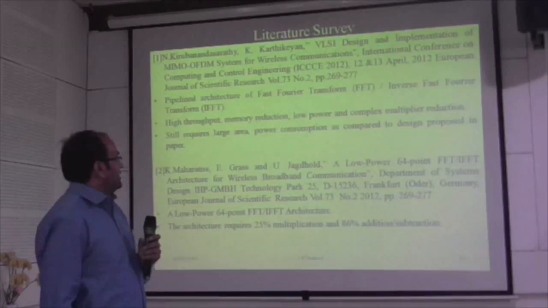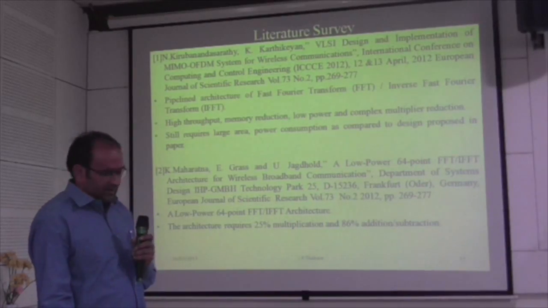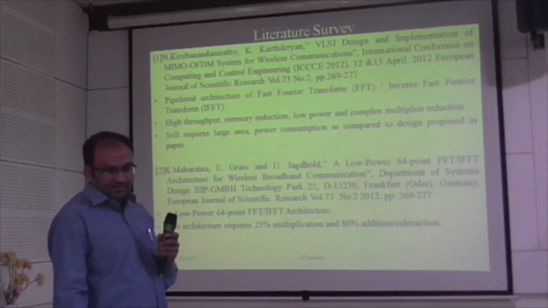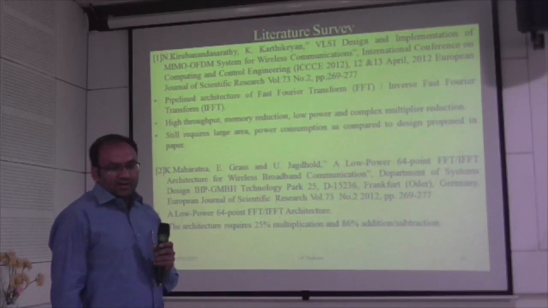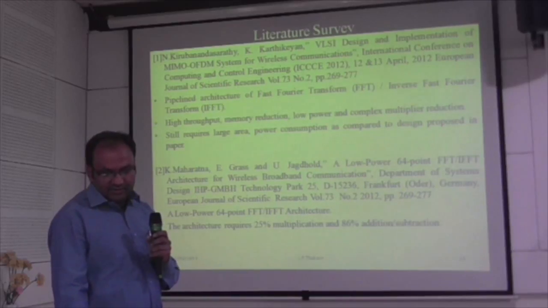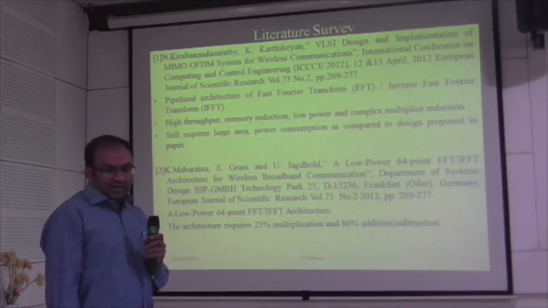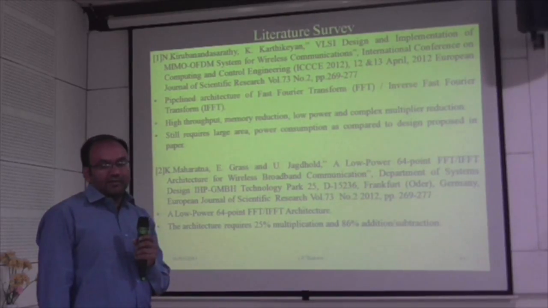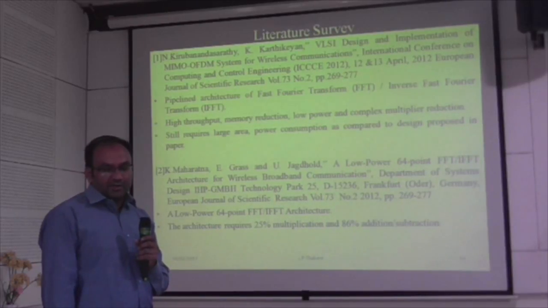Literature survey. In our efforts, many papers were found. In the first paper, the author has proposed a pipeline architecture for the fast Fourier transform, achieving memory reduction, low power, and efficient complex multiplication.